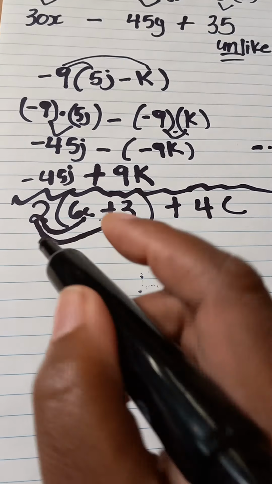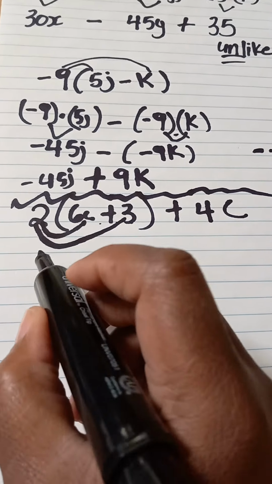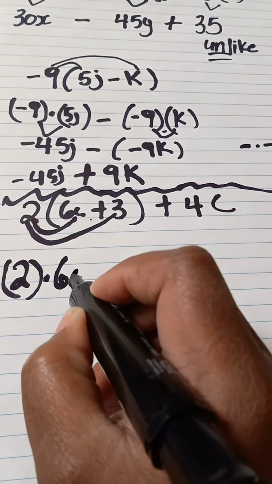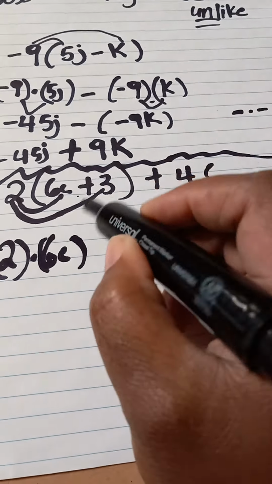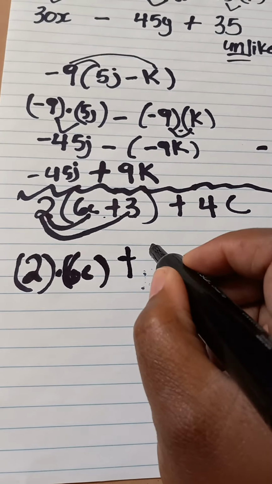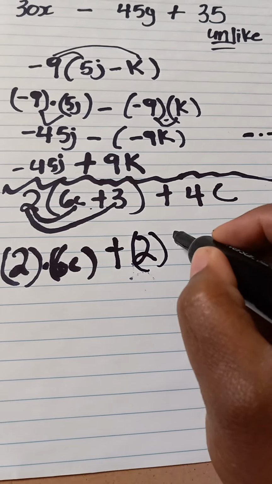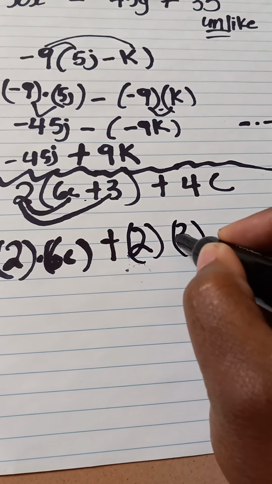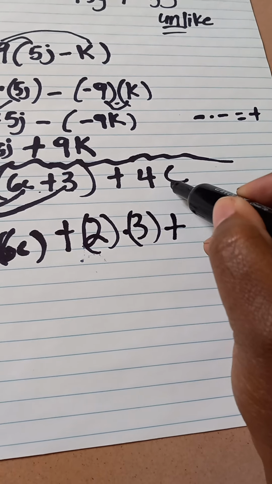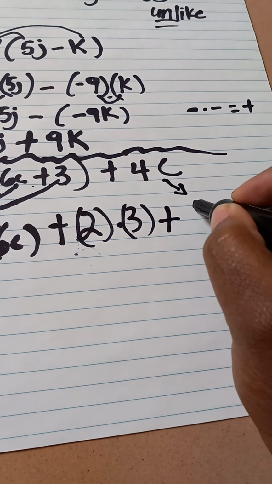Let's go ahead and expand. So we have 2 times 6c plus 2 times 3. Now we could bring our plus, and now we could bring down our 4c.